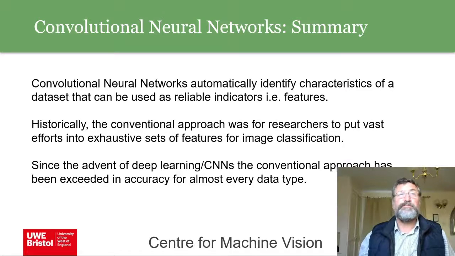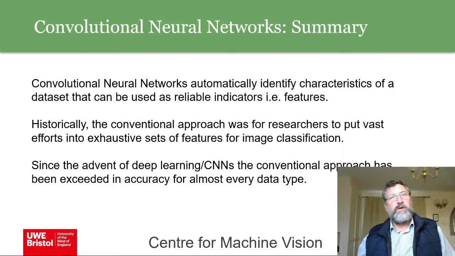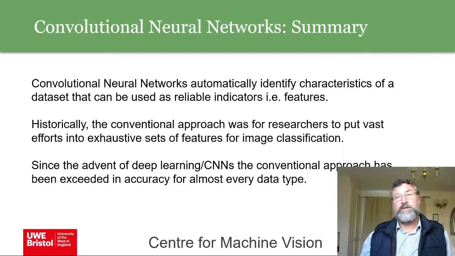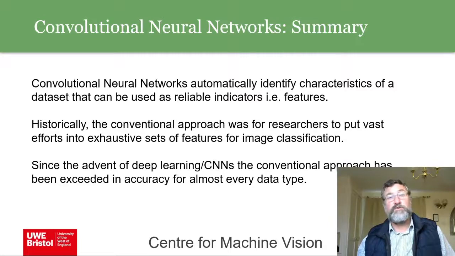Historically, the conventional approach was for researchers to put vast efforts into exhaustive sets of features for image classification. In other words, we used to have to handcraft the features, trying to work out what it is in a set of data that indicates the presence or absence or condition of something we're interested in.